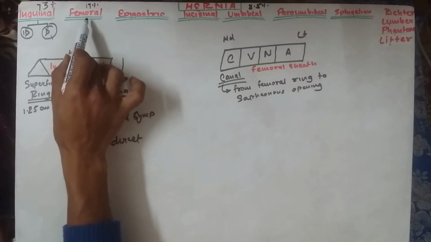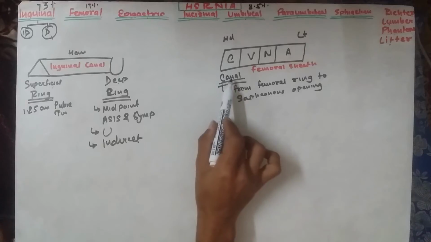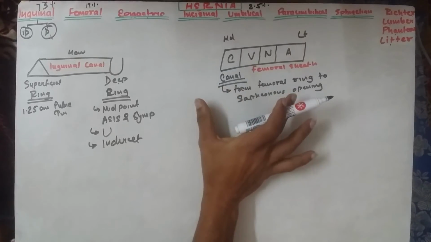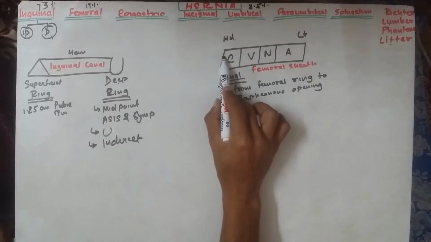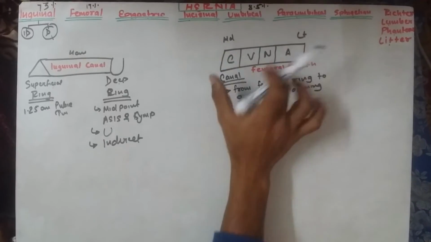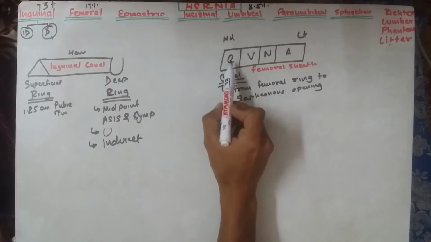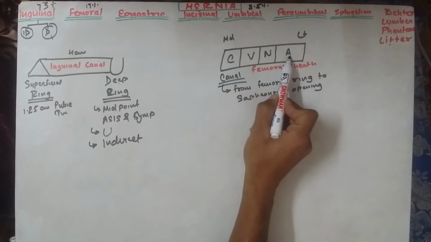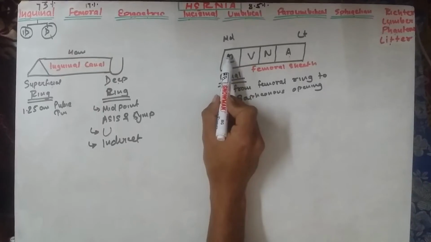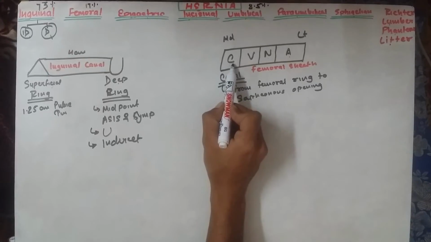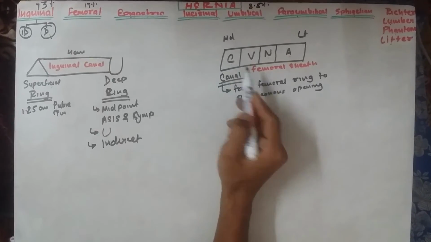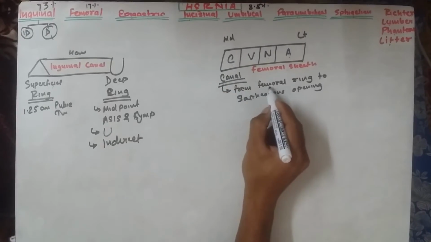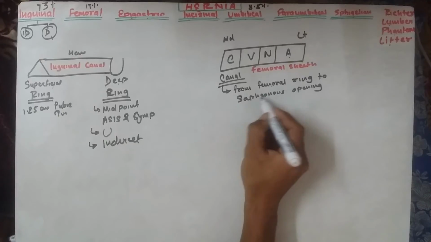Then the femoral hernia, which usually originates from the femoral canal, which is present in the medial part of the femoral sheath. This is the femoral sheath, which contains the femoral canal, femoral vein, nerve, and artery. In the medial compartment of this sheath there is the femoral canal, which runs from the femoral ring to the saphenous opening.